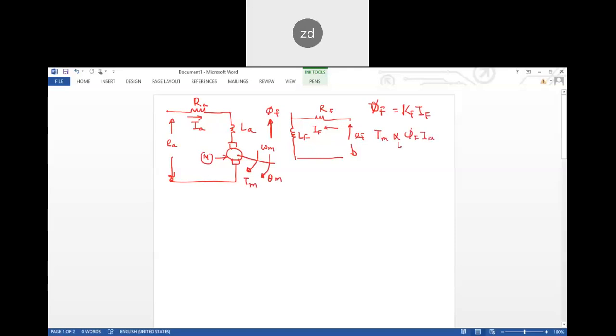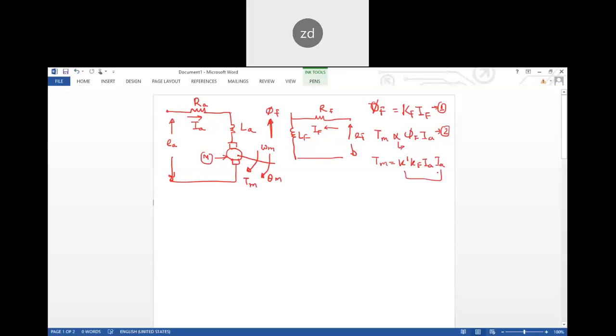This proportionality constant I will replace by the term K dash, and phi_f I can replace by equation 1. Suppose this be equation 1, this equation 2. So in equation 2, I have for phi_f, K_F I_F I_A.